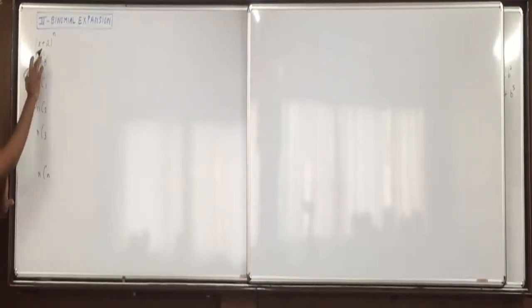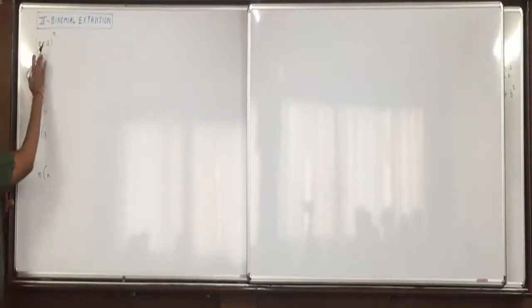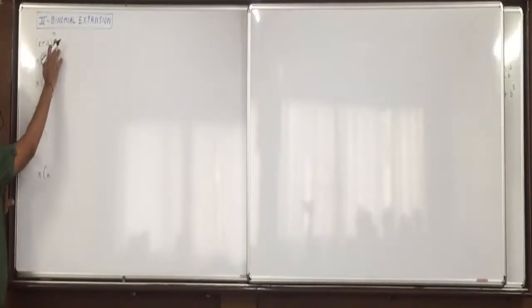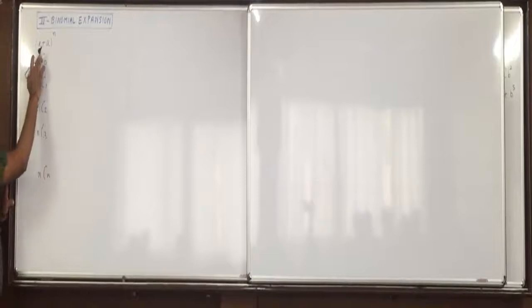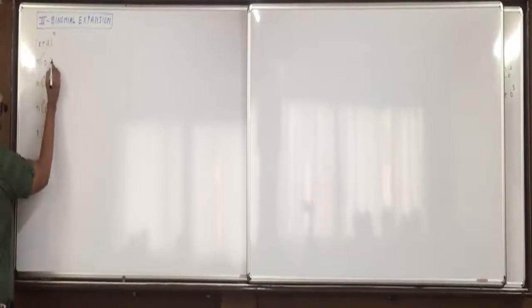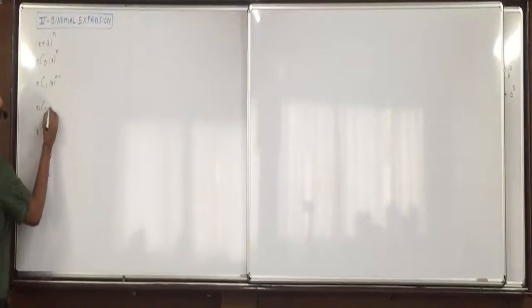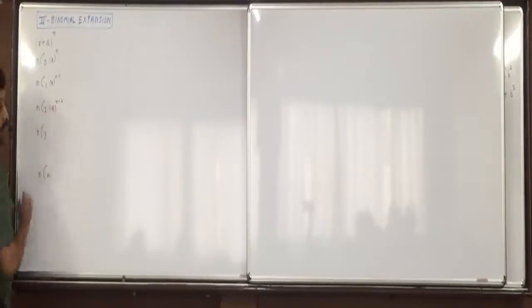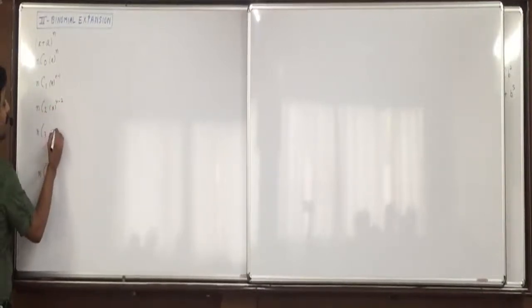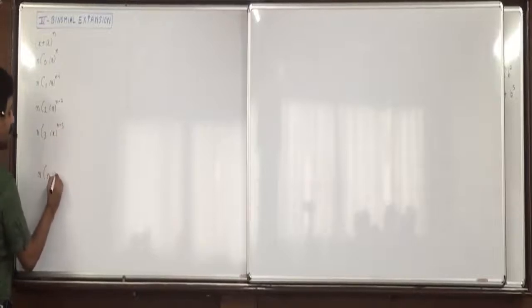Now, what is the first variable? What is the power? Once again, what is the first variable? You'll start with x raised to n. Keep on decreasing the power: x raised to n minus 1, x raised to n minus 2, x raised to n minus 3, lastly x raised to n minus n, that is 0.